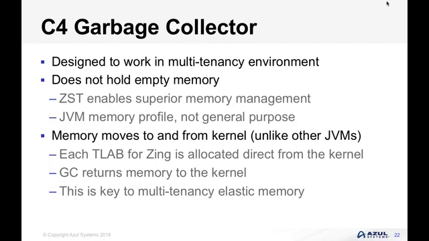This is very much different to the way things work with other JVMs. When you're doing allocation and you need a new thread local allocation block, which is what you use in the young generation, this will be allocated directly from the kernel, so it won't be taken from the heap space being used within that JVM.